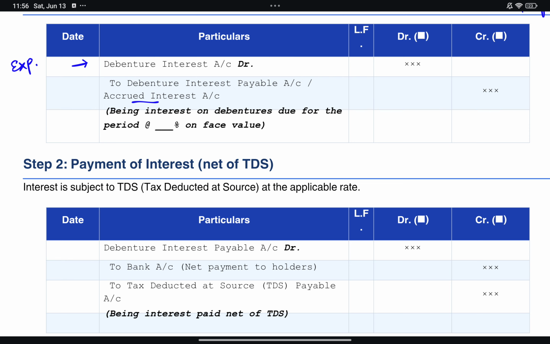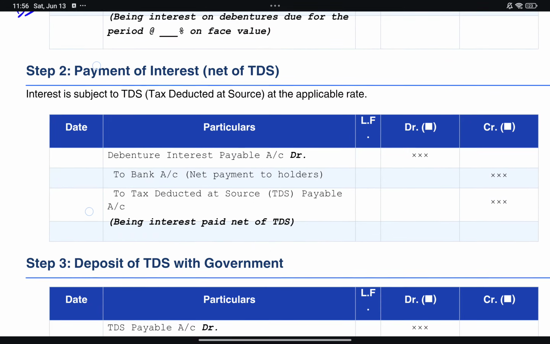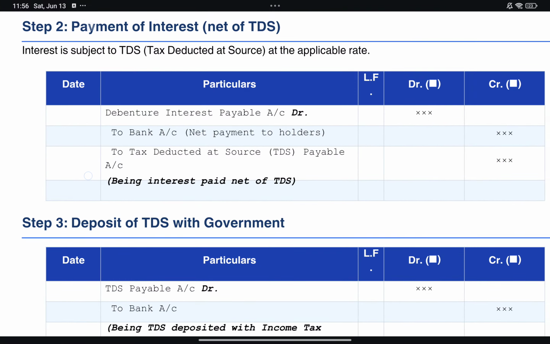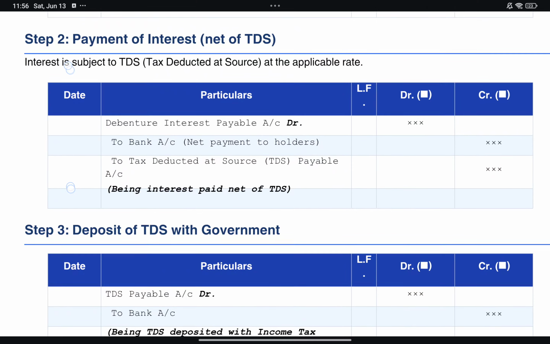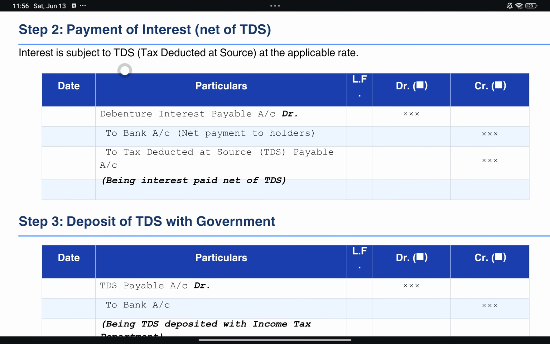Okay, till now. So first of all we have to make an entry for due of interest, then we will make an entry for payment of that interest. How? See, this debenture interest payable account is a temporary account, and we will close it by debiting it: debenture interest payable account debit to bank. Why?